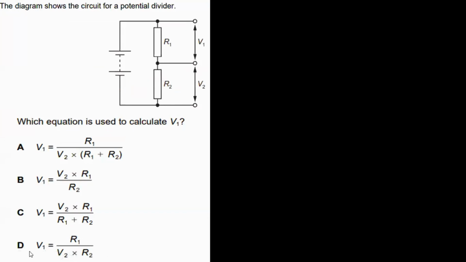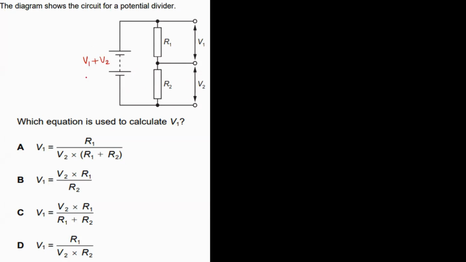Next question is, the diagram shows the circuit for a potential divider, and we have to find out which equation is used to calculate V1. Now we can say that the total voltage of the battery is V1 plus V2.